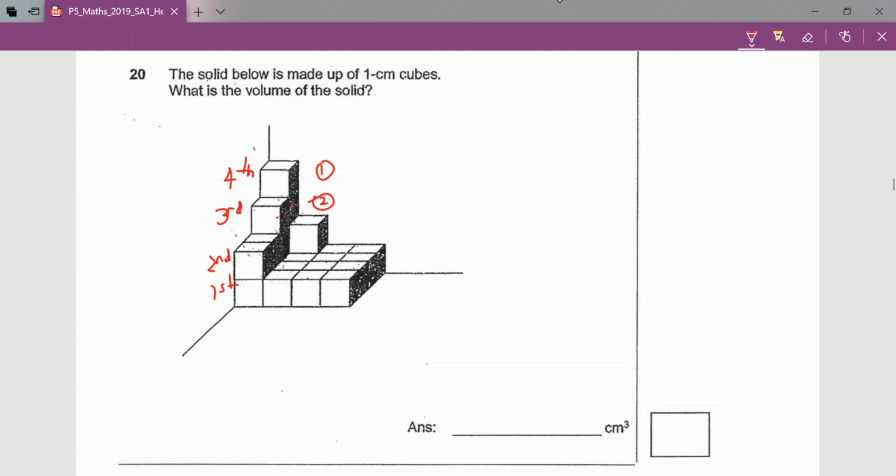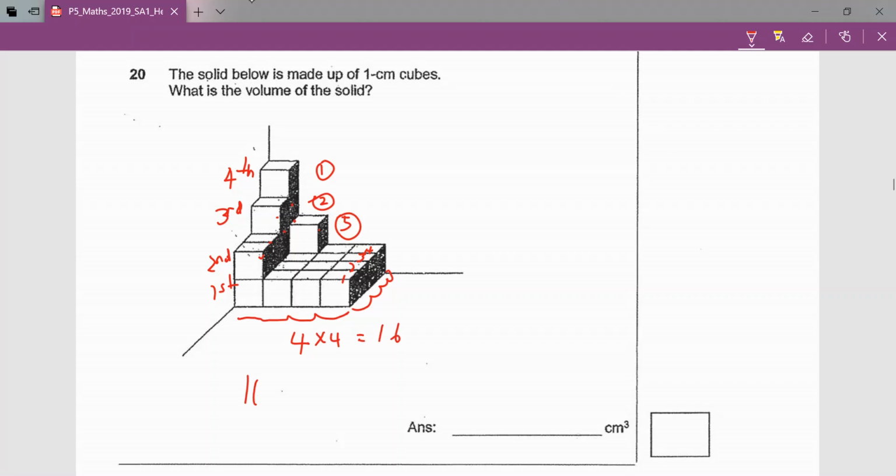On the second layer, you have 1, 2, 3, 1 behind, 4, and here 5. On the first layer, you can tell there is 1, 2, 3, 4, and 4 times, so it's 4 times 4, which is 16.